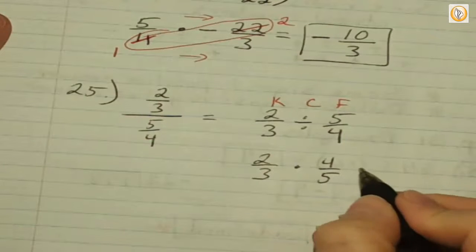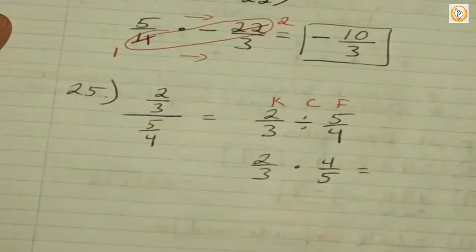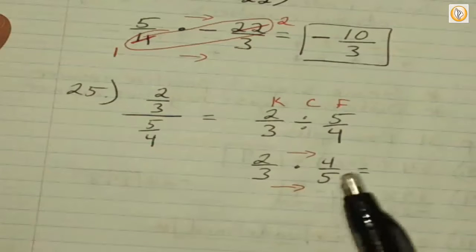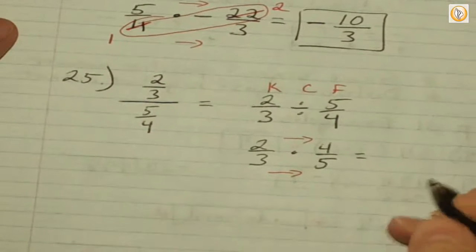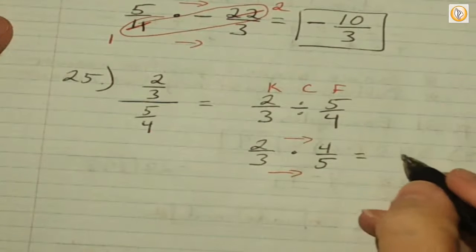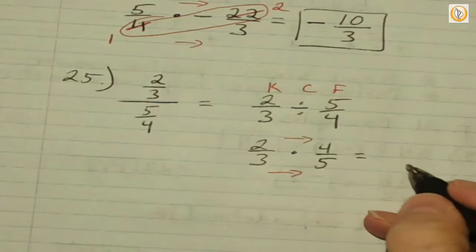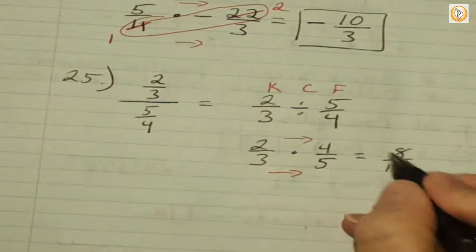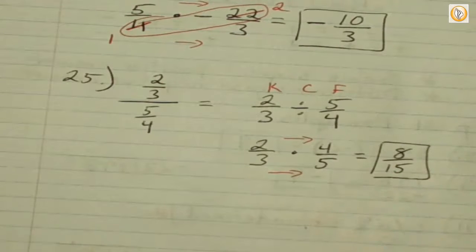Can I do any cancellation, Taylor? No. So we just multiply across. Positive times a positive is going to give me what kind of answer? Positive. Very good. I'm positive you're correct. So what answer do you get? 8 over 15. Very good. Any questions about that?